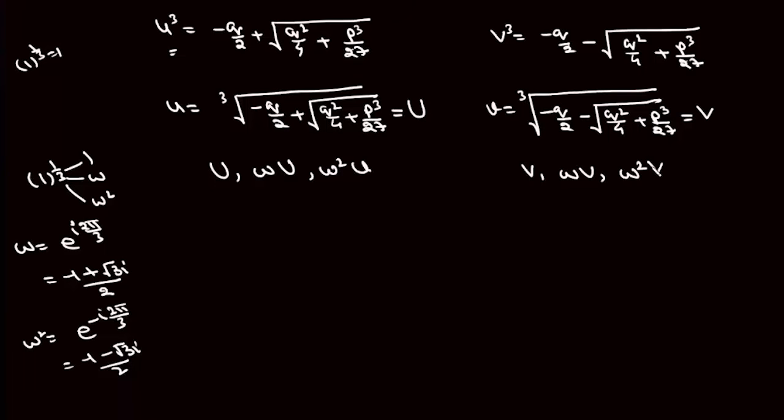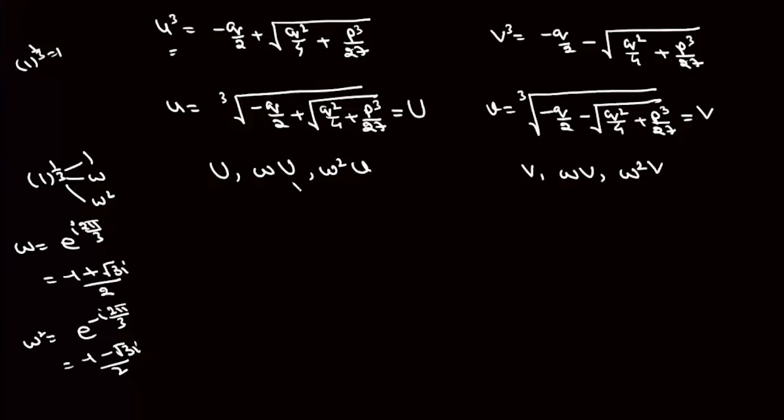And we know that u into v is a real number. So we can only take combinations where this product becomes real. So we'll have three cases: uv, second is omega u and omega square v, and third is omega square u and omega v.